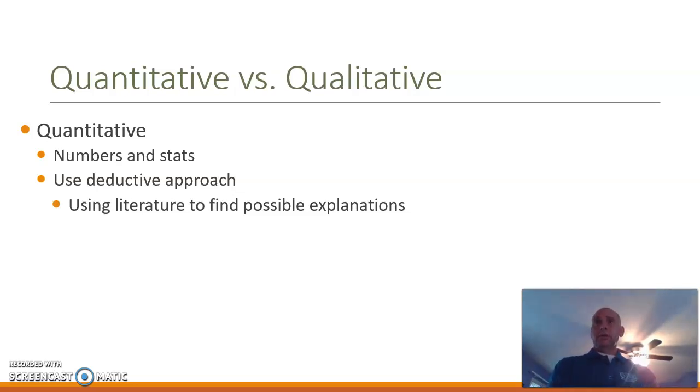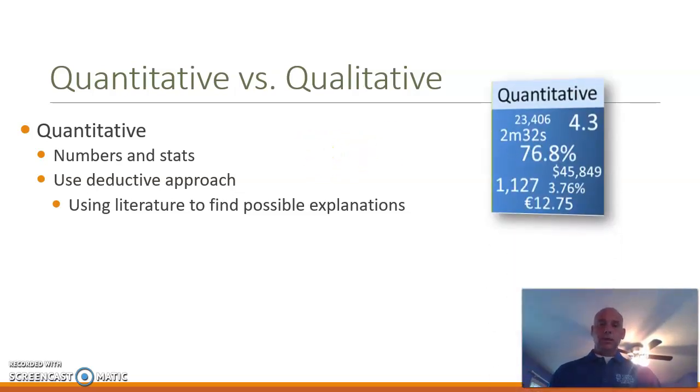You use the literature that happened beforehand, research that happened before, to help come up with explanations. So you create your hypotheses based upon those previous research that existed. So that's called deductive reasoning. You're starting by collecting information and then deducing what you think is going to happen or what you think the explanation is for that. Okay.